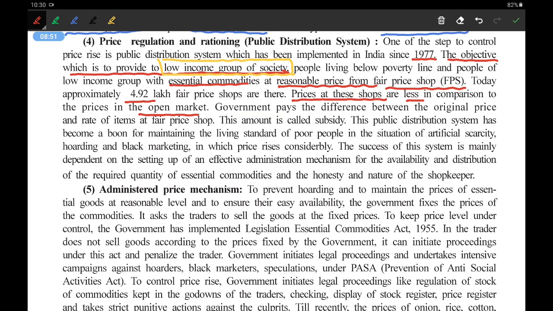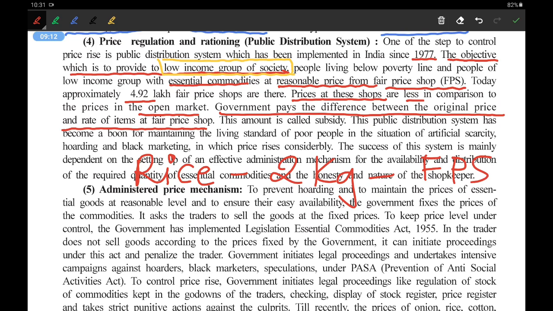Government pays the difference. Why is the price less? Because the government pays the difference between the original price and the rate at the fair price shop. Just take an example. Rice is given at 2 rupees per kg at a fair price shop. The original price of rice is, say, 12 rupees per kg.